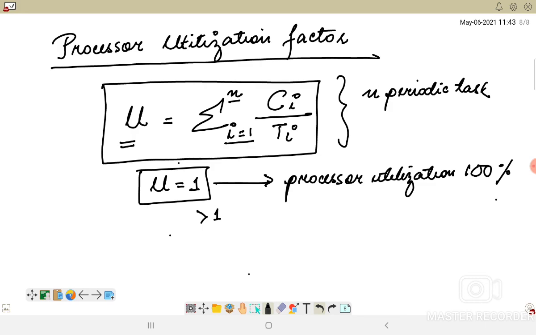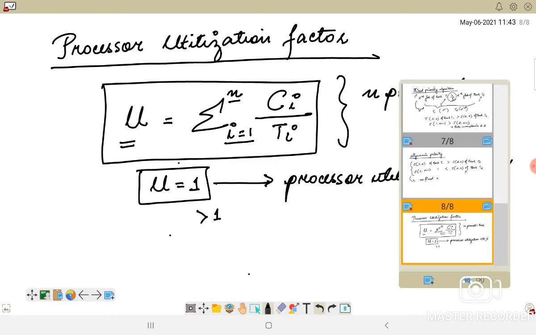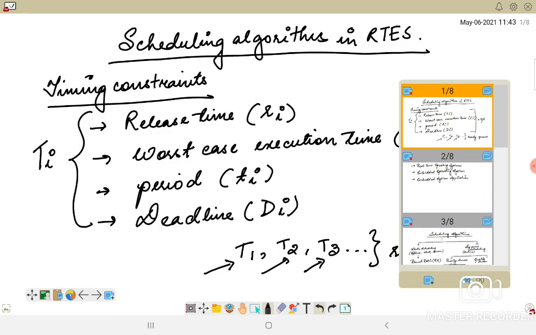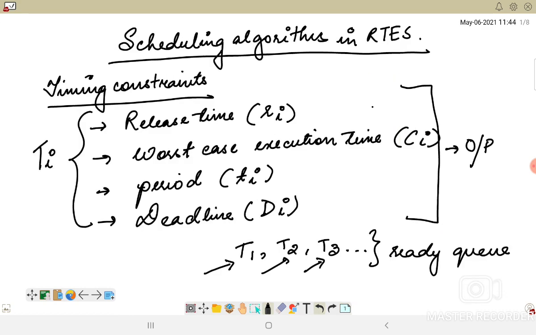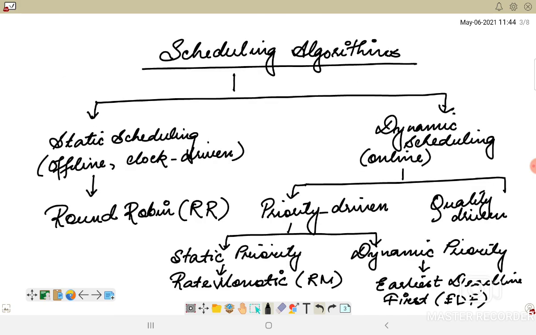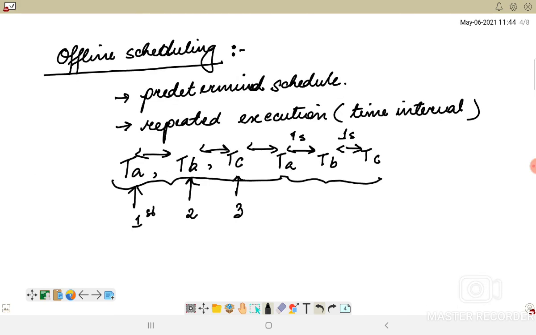So today we have learnt about several factors which are associated with scheduling, starting from the timing constraints associated with each task, which determine which particular task will be executed when, followed by the different types of applications, and then we also categorized different scheduling algorithms.